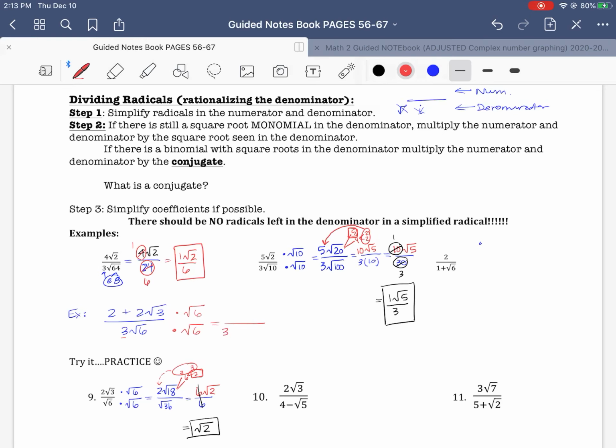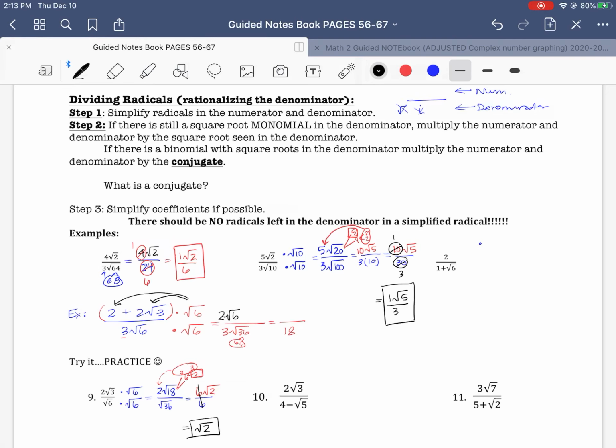So on the bottom, I go ahead and do 3 square root of 6 times square root of 6, which is 36. But that's, right, the square root of that is just 6, so 3 times 6 gives me 18. On the top, remember that you're multiplying both terms by the square root of 6, so I like to put parentheses around it to help me remember that. And then I need to distribute this. So 2 times the square root of 6 would be 2 square root 6.